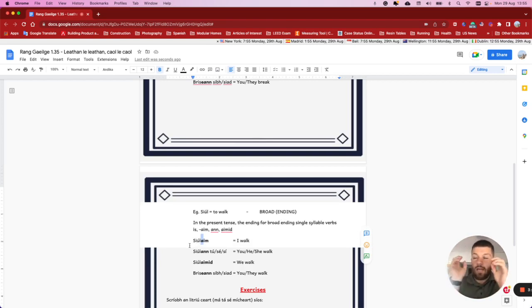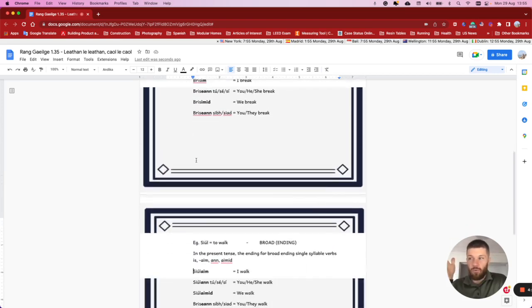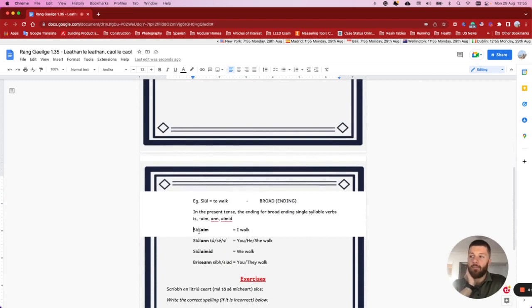The last letter usually wants to be surrounded by either two broad vowels or two slender vowels. It wants to be locked in. Very, very, very rarely you'll see a slender and a broad vowel either side of the last letter. So you see here, U is broad, A is broad. So it's siúlaim. It's the same kind of sound as brisim, but it's different spelling. You have aim. Then again, you have ann as an ending here.